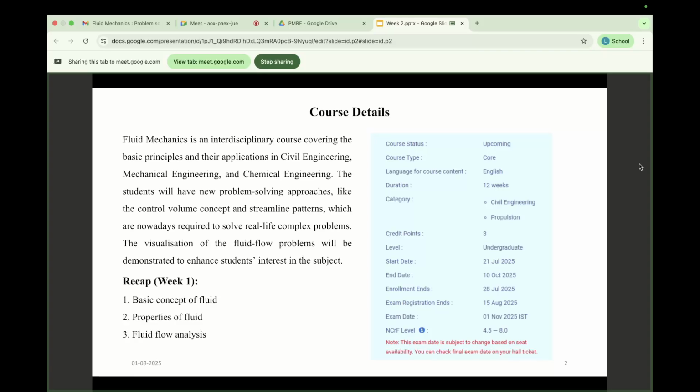If water is coming out of the tap, that is also a problem, and you need an idea of fluid mechanics to know how the underlying physics is working. So these are the concepts we will discuss in this course.